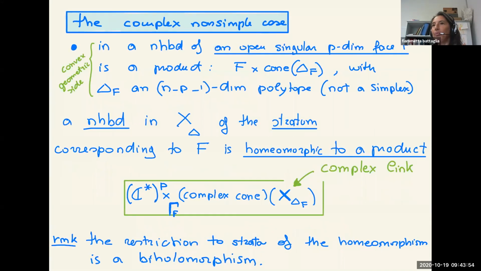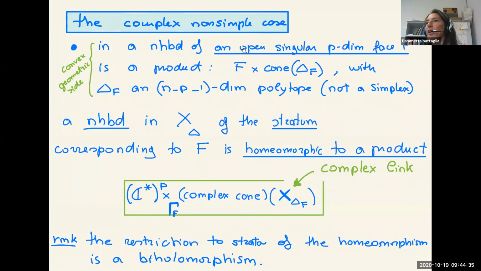Okay, so the structure of the stratification. Up to now we have said that we have a decomposition of our space into pieces, a regular piece and singular pieces that are indexed by the polytope faces. We can read the structure of the stratification on the polytope first, as we already saw.